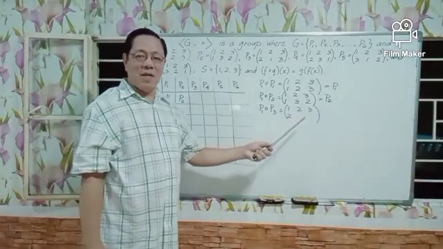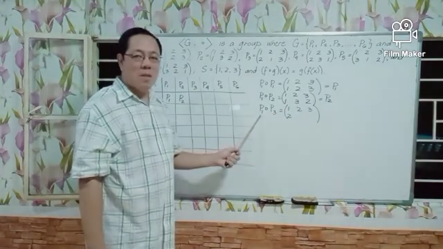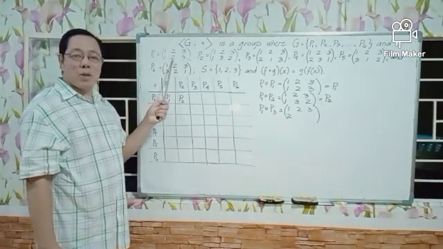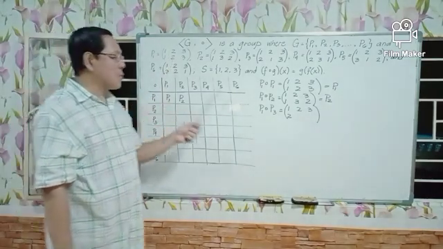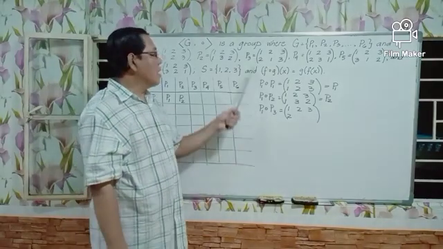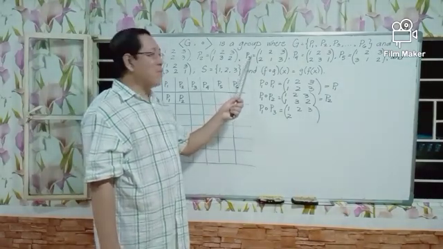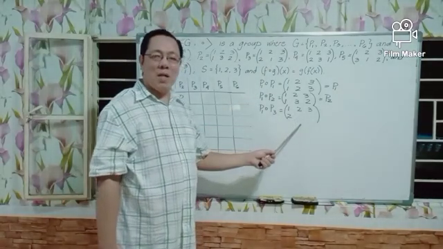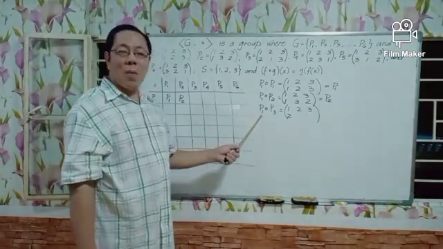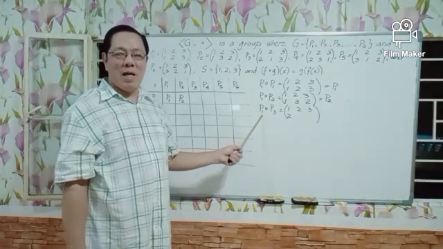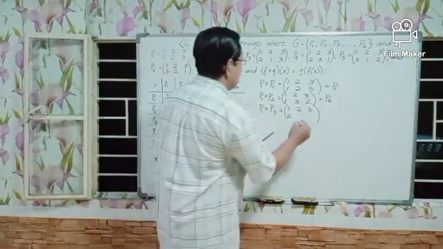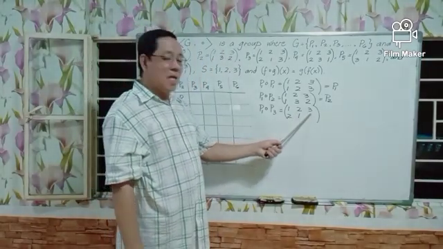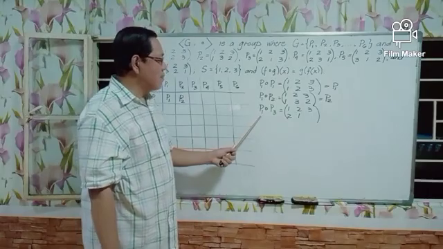Next, we find the image of 2 under P1. Under P1, the image of 2 is itself, 2. And we now find the image of 2 under the function P3. Under P3, the image of 2 is 1. Thus, 2 is assigned to 1 under the composition of P1 and P3. Finally, we find the image of 3 under P1.